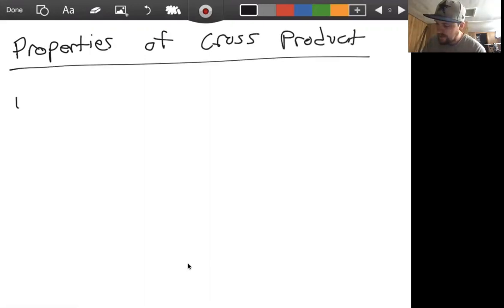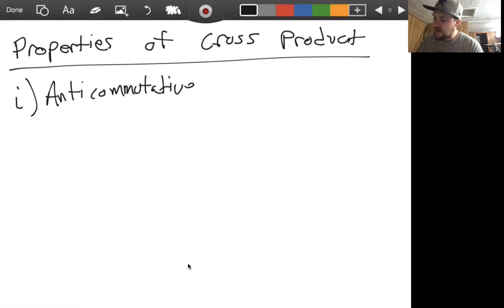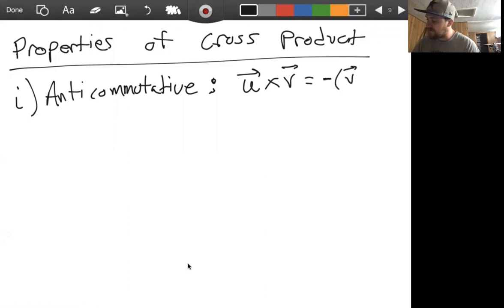The first one we've already discussed and seen a particular situation of when this holds, and it's that the cross product is anti-commutative. Anti-commutativity means that once you flip the order in which you perform the operation, you have to pick up a negative. So u cross v is negative v cross u.